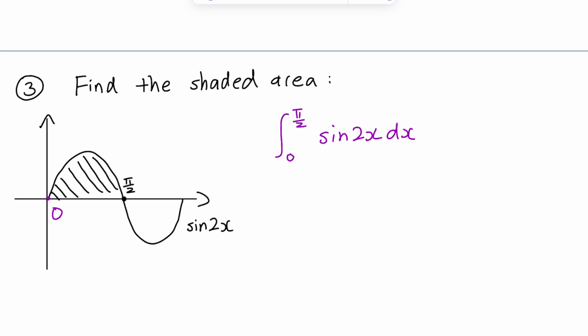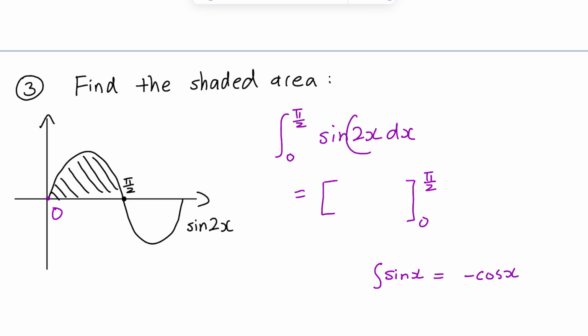So just like our first question, we want to first integrate sine 2x. Remember in our previous video for trigonometry, we know that sine x itself, if we integrate it, we're going to get negative cosine x.